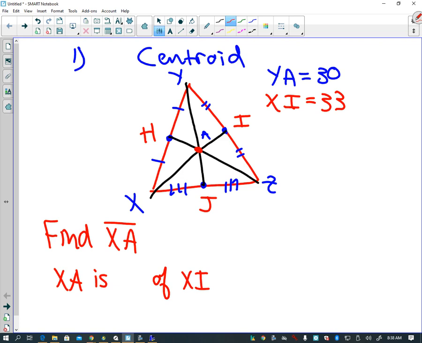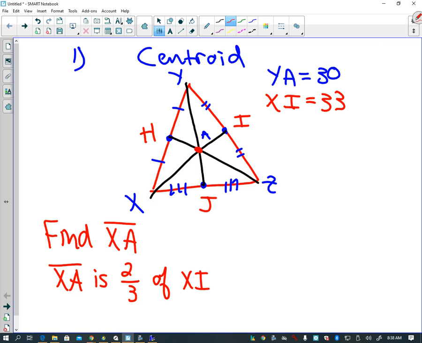The length from here to here, the length from the centroid to the vertex is 2/3 of the total length. Now, if I ask you what is the ratio of the center to the side to the whole length? 1/3. Okay?